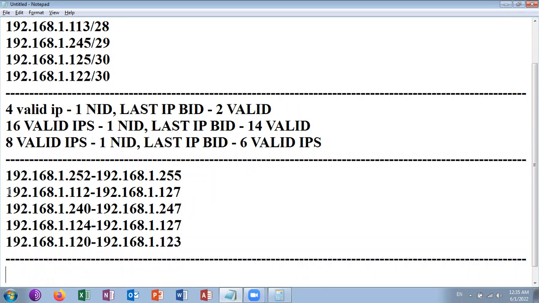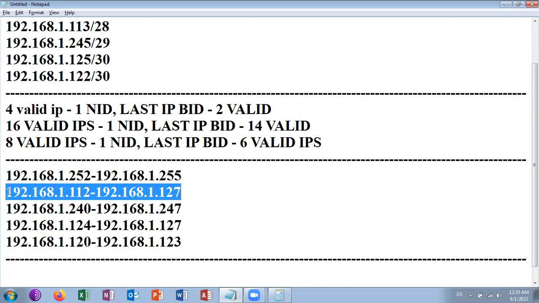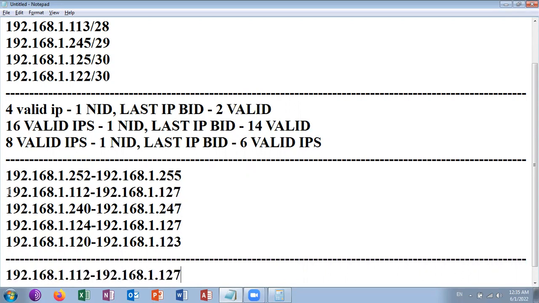So the lowest first is 112, according to the last octet. Then we have 120.